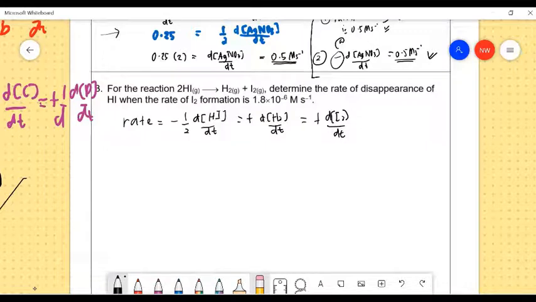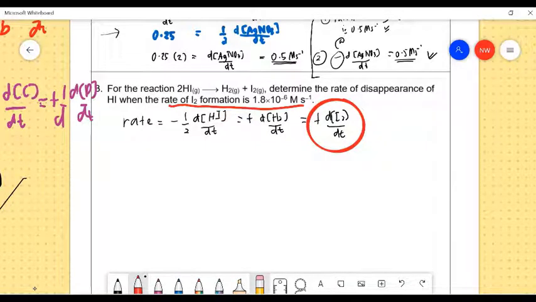Okay, so daripada differential equation yang ini, so I dah tahu dah, dia dah bagi dah pada you rate formation of I2. So I dah tahu dah nilai yang ini, 1.8 kali 10^-6. Soalan tanya rate disappearance of HI. So dia minta yang ini, apakah rate disappearance of HI? So, I kena comparekan these two.